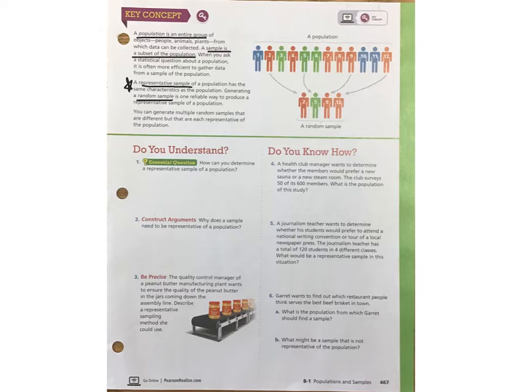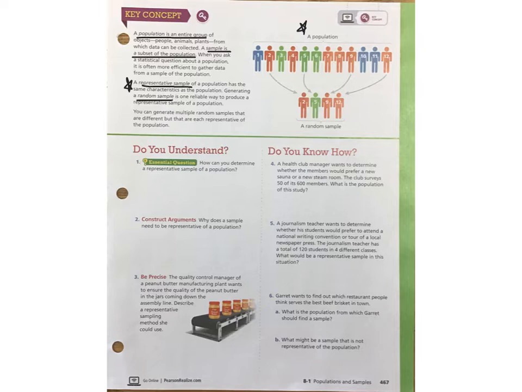In other words, if I look here at the example, I have a population and it shows me people that are numbered from 1 to 12. In this example, the random sample selected person number 2, 5, 9, and 12.